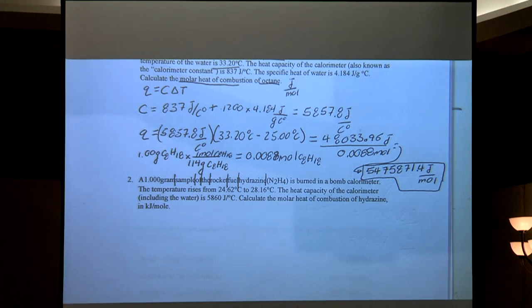Because remember, when we're burning something, can we relight the thing we burned after? No, so by nature it's at a lower energy state, giving off energy. It's an exothermic reaction. However, if your question asks for the magnitude, or just how much heat is released, and they're all positive answers, don't freak out. But for molar heat of combustion, it should be a negative answer.